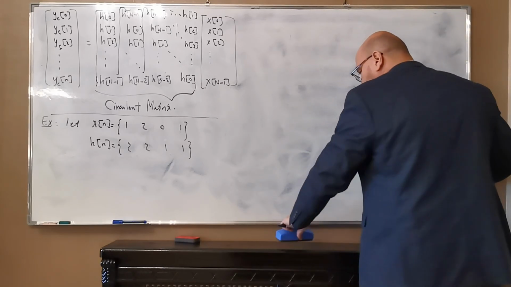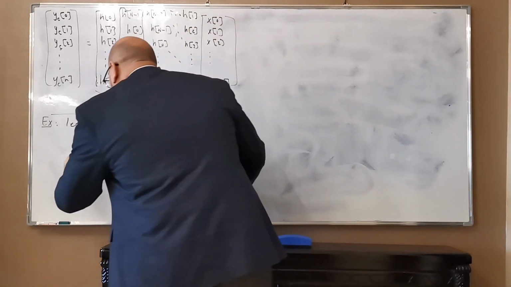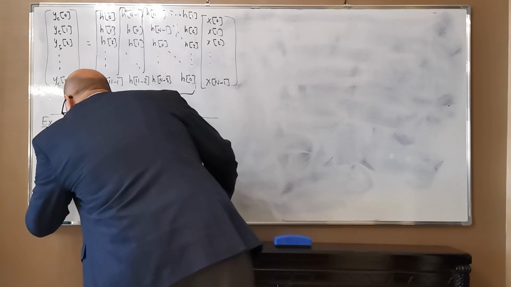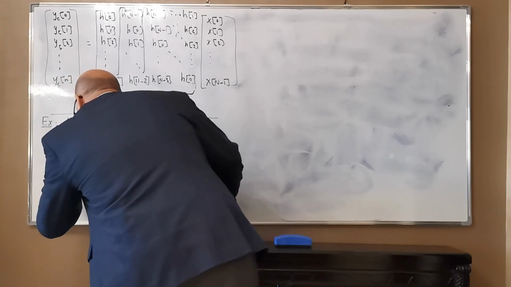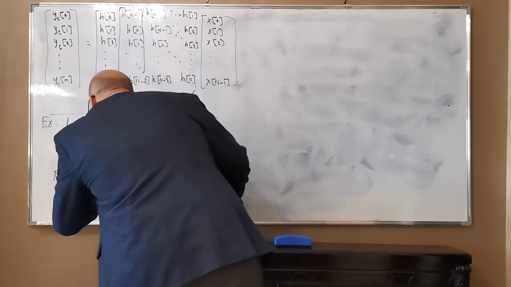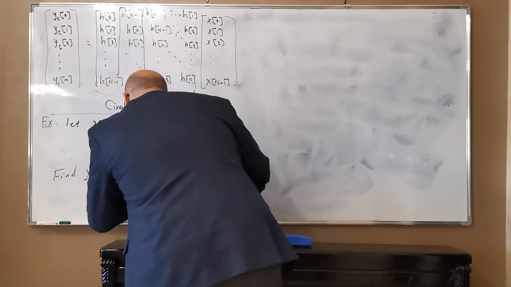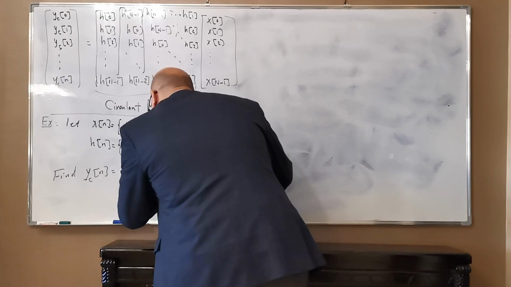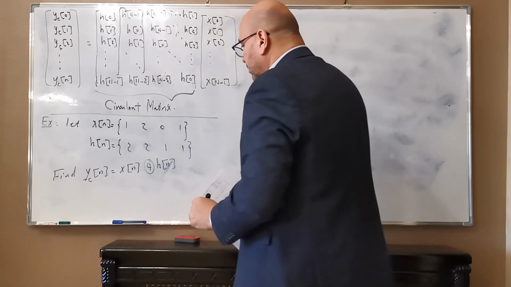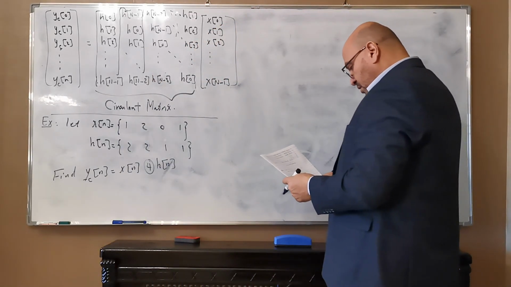So we need to find yc of n, which is equal to x of n circular convolved with h of n. Okay, so this is what we are looking for.